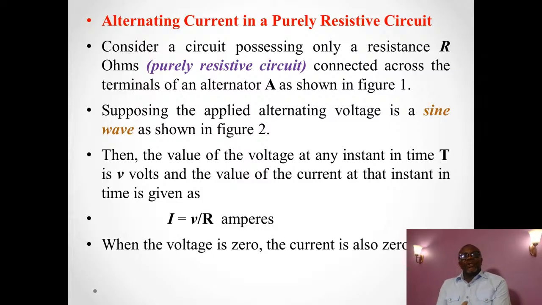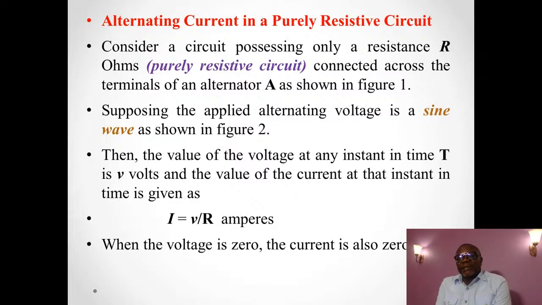Okay, if we consider a circuit possessing only a resistance R ohms, which we term a purely resistive circuit, connected across the terminals of an alternator A, as shown in Fig. 1.